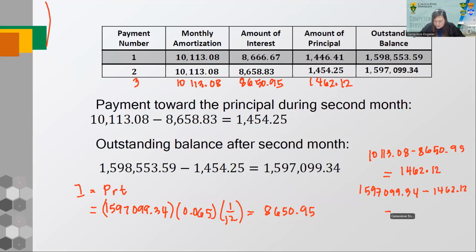The answer is 1,595,637.22. So that is what remains of your debt by the third month. It is still very large, no?